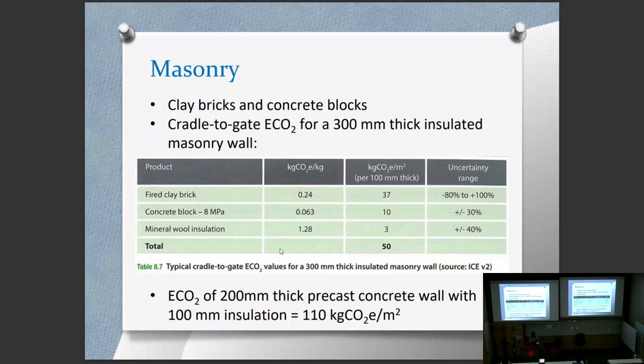And this figure shows the cradle to gate embodied carbon for a 300 mm thick insulated masonry wall, around 50, compared to a concrete wall of the same total thickness, 110. So we can see that using a masonry wall will typically result in a lower embodied carbon.